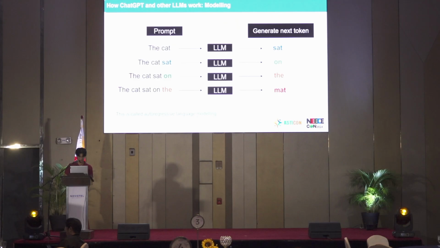The word "sat" is appended to the input prompt to generate the new prompt, "the cat sat." This process is iteratively performed until it reaches the end of text token, and this approach is called autoregressive language modeling.